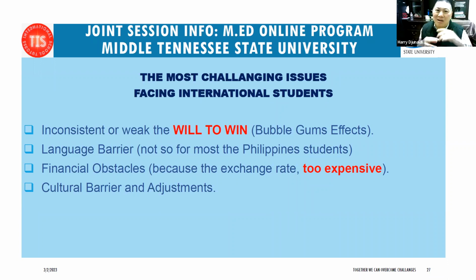The second thing is language. Not so much in the Philippines, but in Indonesia, the government teaches English when they are in the 7th grade. This is for the schools that belong to the government. Now, Irene is studying in a private school.